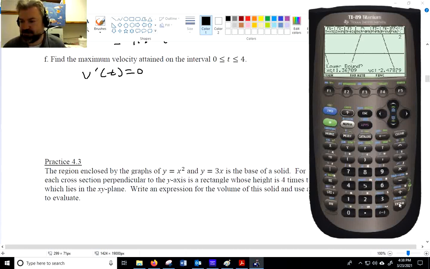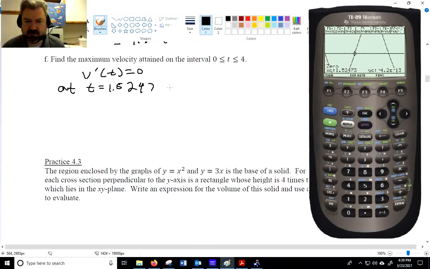All right, remember, lower bound means to the left, not necessarily below. Upper bound means to the right. And don't quit till you see the word 0. I'll say 1.5247. And where else?